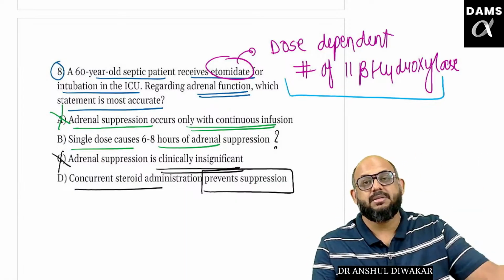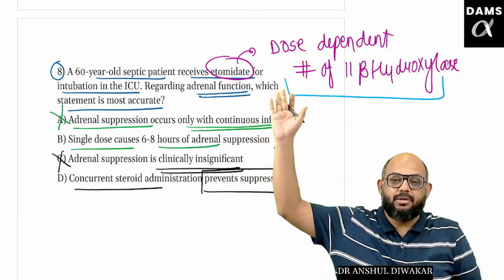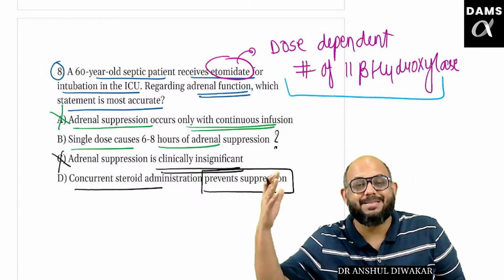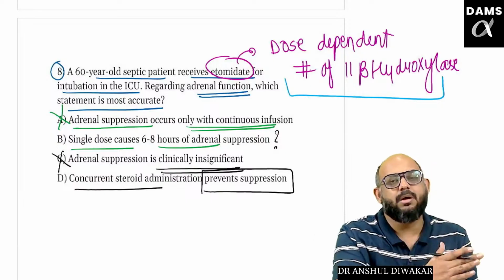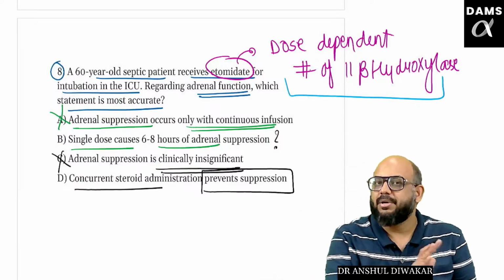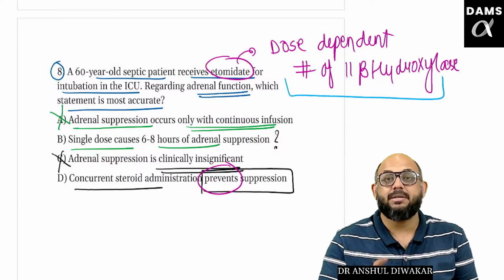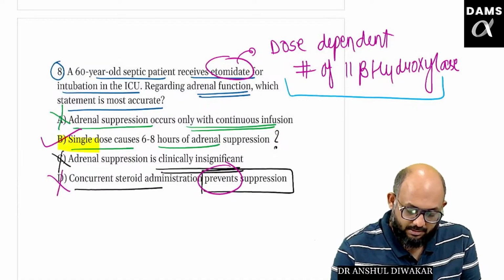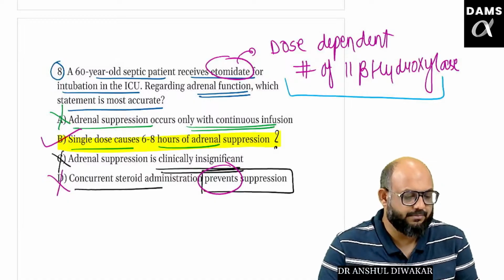Because the suppression is happening at the level of the enzyme. It is actually causing 11 beta hydroxylase enzyme inhibition. So even if you give steroid, it will cover for the deficiency, but it will not prevent suppression. The key word here is preventing suppression. So the correct answer is single dose causes 6 to 8 hours of adrenal suppression.